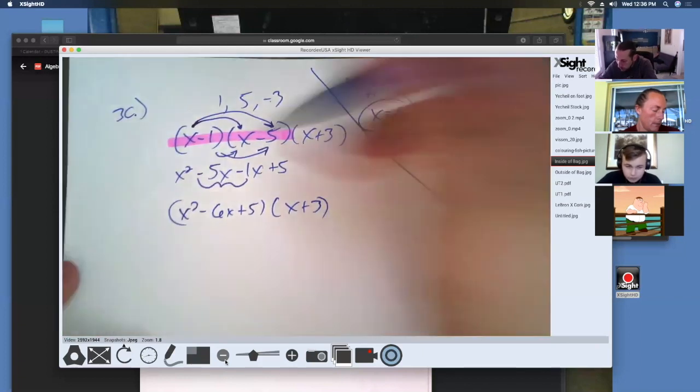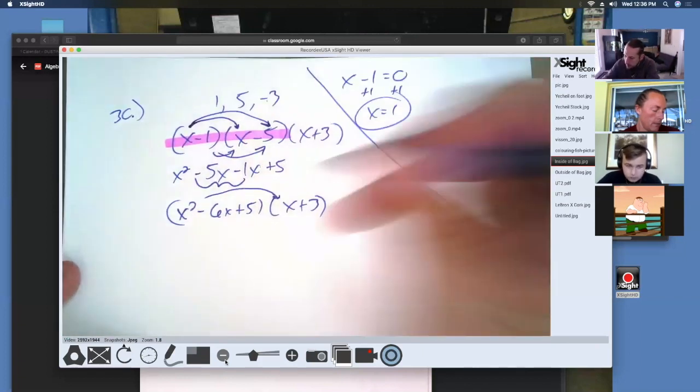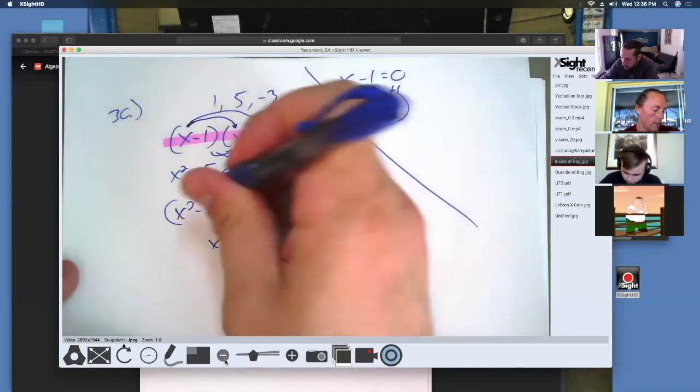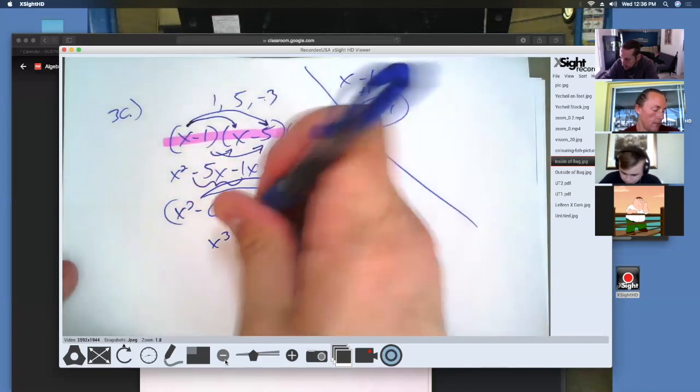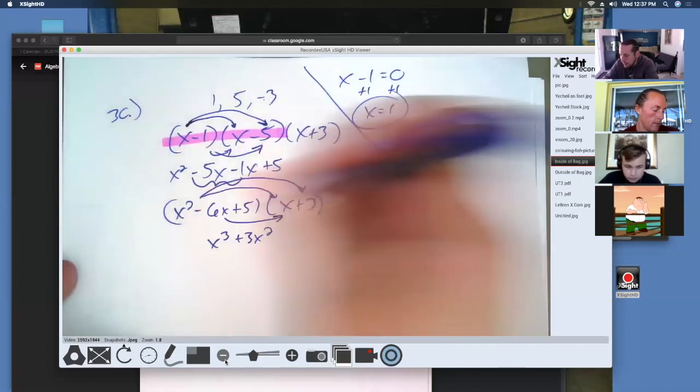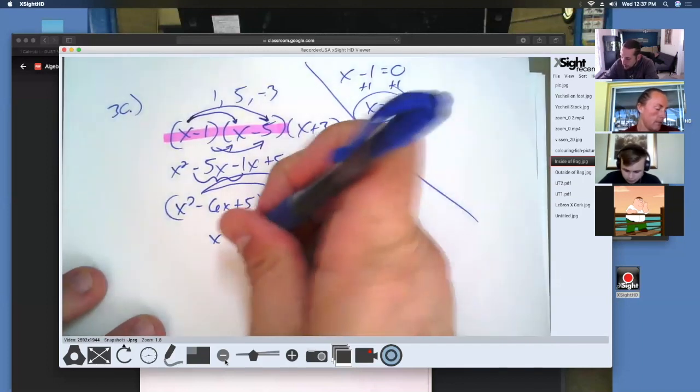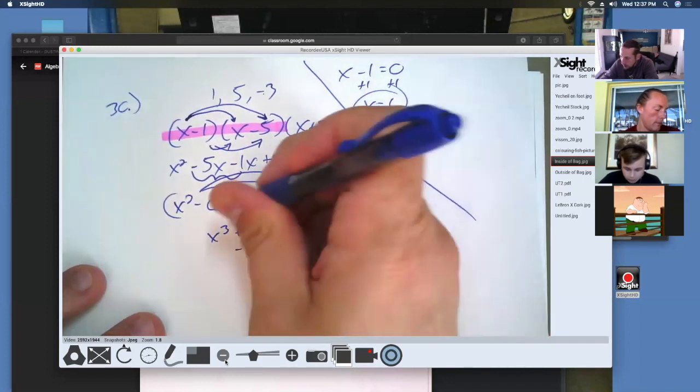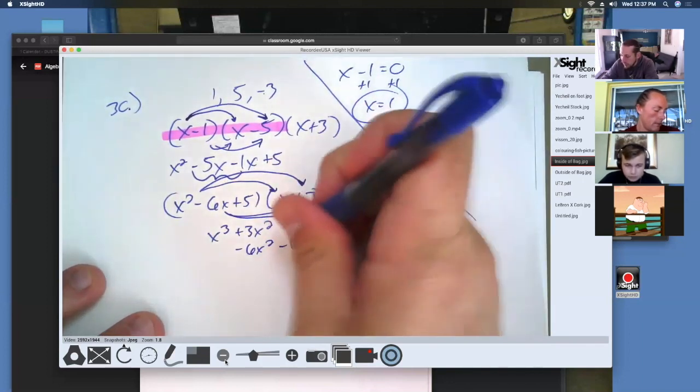Now I have to FOIL again. x squared times x gives me x cubed. x squared times 3 gives me 3x squared. For the middle term, -6x times x is minus 6x squared, and -6x times 3 is minus 18x.